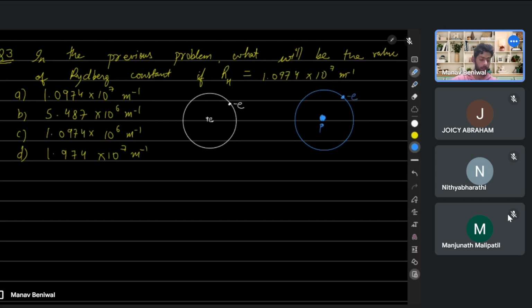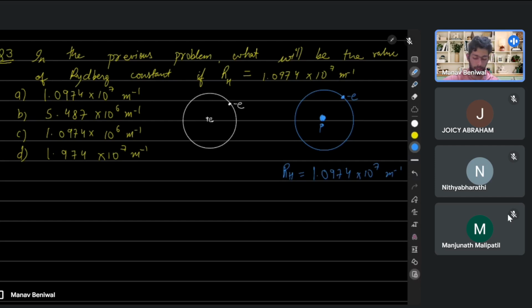So for hydrogen we are given that RH is 1.0974 into 10 to the power 7 per meter, and now we are asked to calculate the Rydberg constant for a positronium.